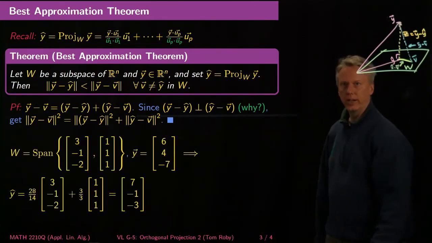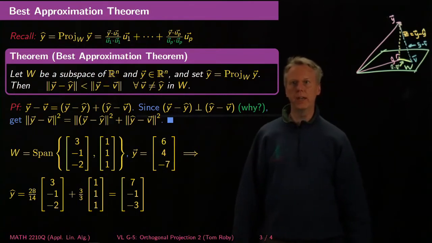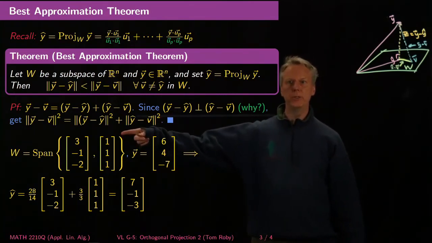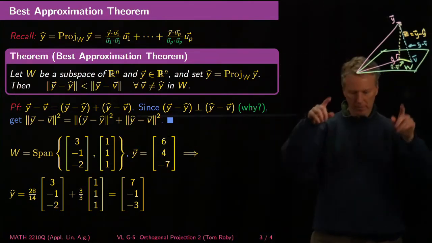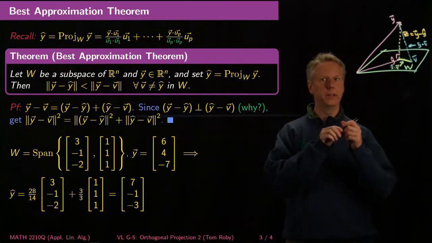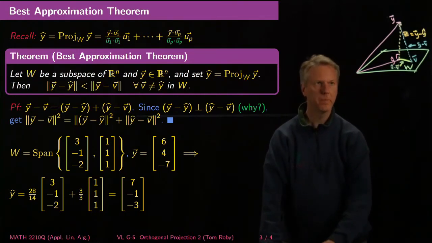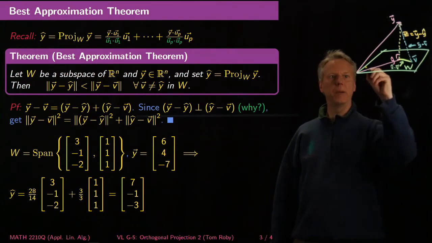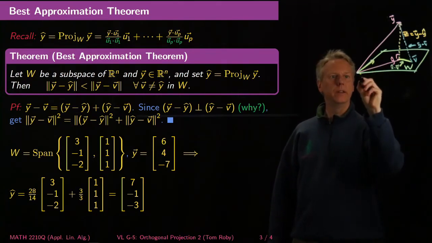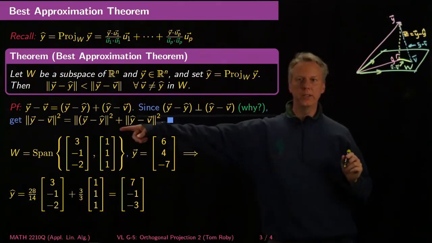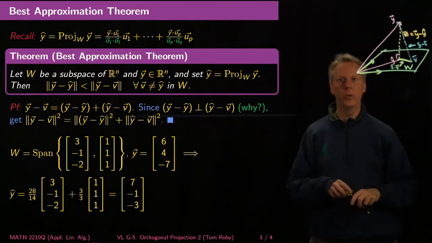All right, so let's take a look at an example here. Suppose that W is the span of two vectors, in this case (3, -1, 2) and (1, 1, 1).